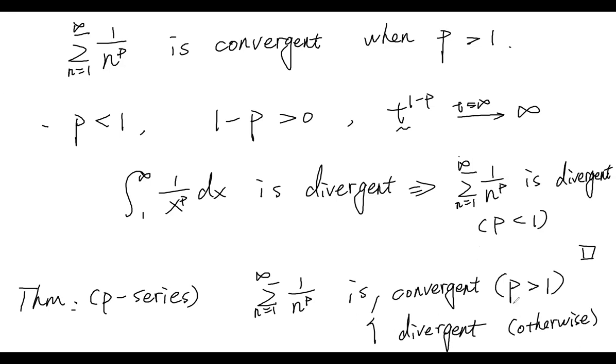So the only case when the p series is convergent is that p is greater than 1. The other 3 cases, we put them together as otherwise. They are all divergent. The p series is a very common series, and we will use it in the future, I think more frequently for the comparison test.